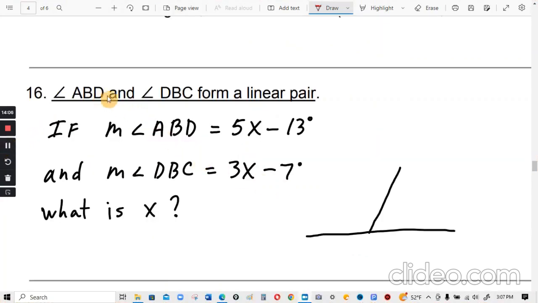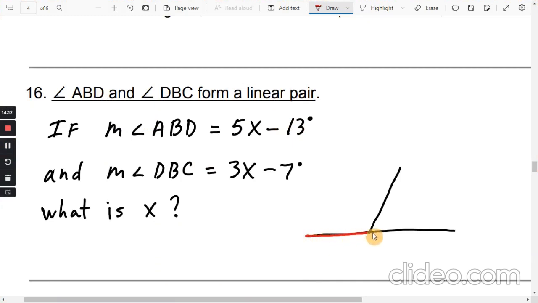All right, these angles form a linear pair. A linear pair is when you have 2 angles that make a straight line. All right, you can draw it if you want, but you don't have to. So we have ABD. All right, so I'll put a point here and make it ABD.